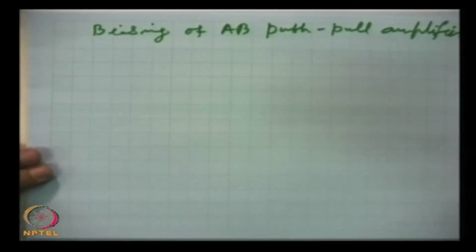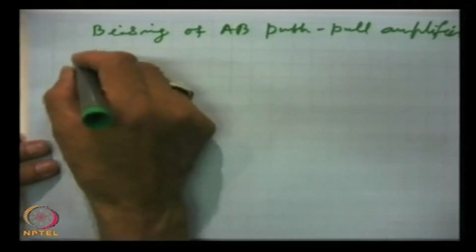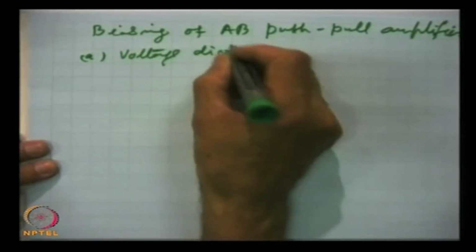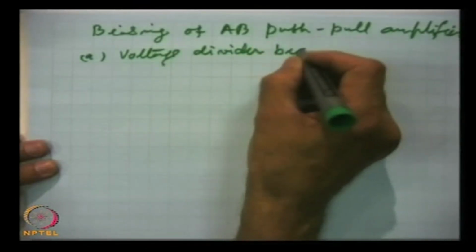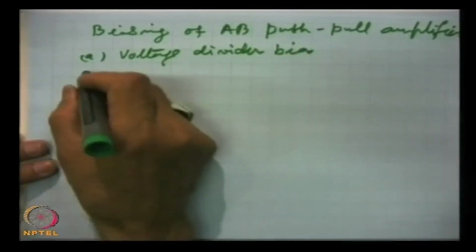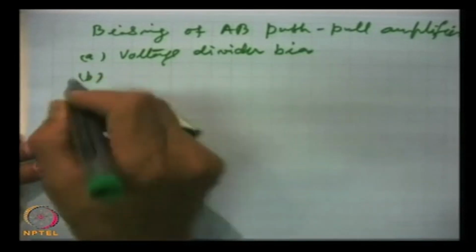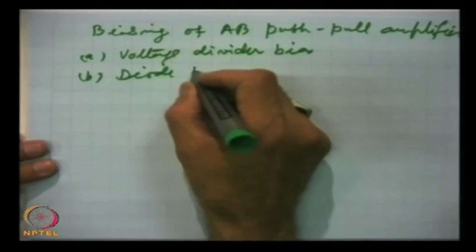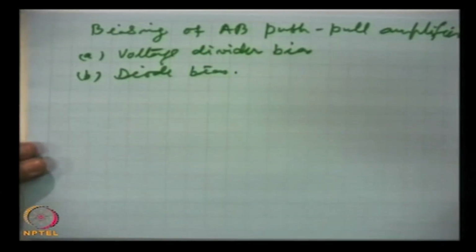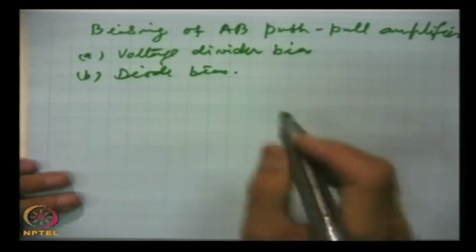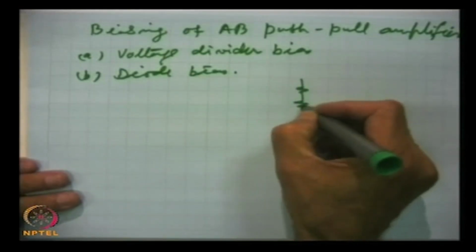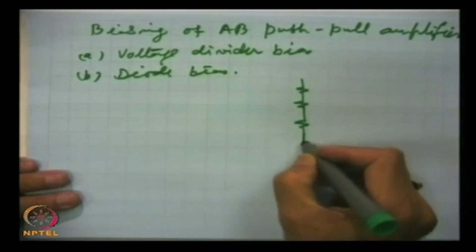There are two methods for biasing. One is voltage divider bias, and the other one is diode bias. Now, this is the complete design of class B push pull amplifier.